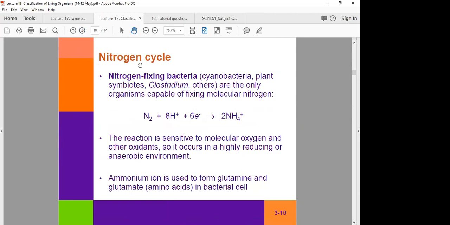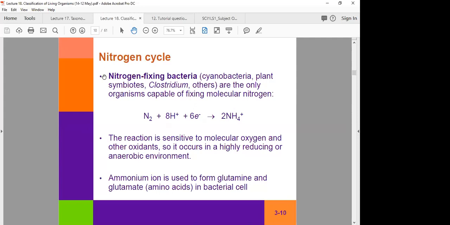But of course, there are different ways that the important elements enter these ecosystems and are either cycled through the ecosystem or transferred elsewhere. One of these cycles refers to the important element nitrogen. So let's look at three different parts of the nitrogen cycle with one part on this slide.